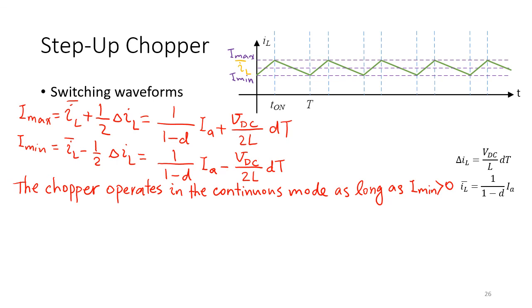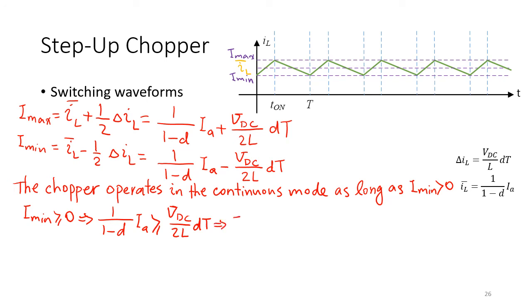So let's calculate and see what we have. If Imin is greater than or equal to 0, then 1 over 1 minus D times IA should be greater than VDC over 2L times DT.